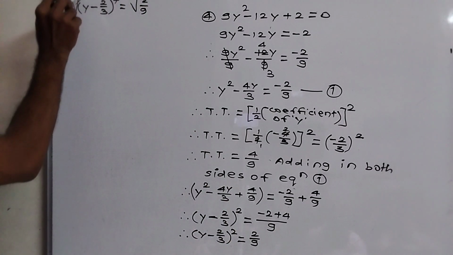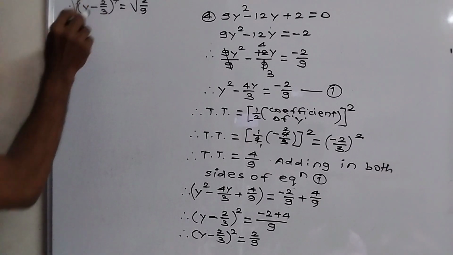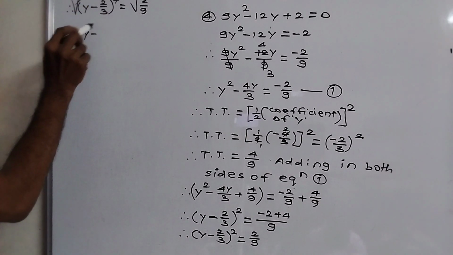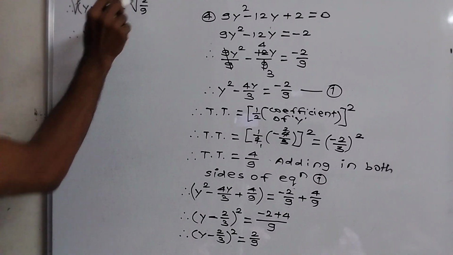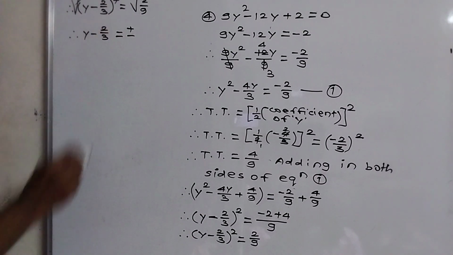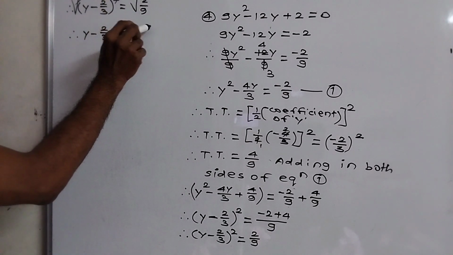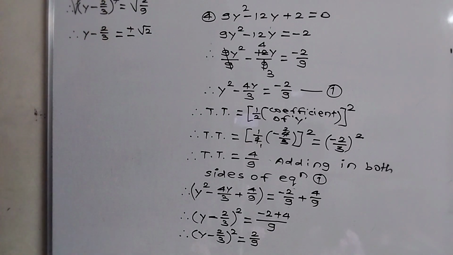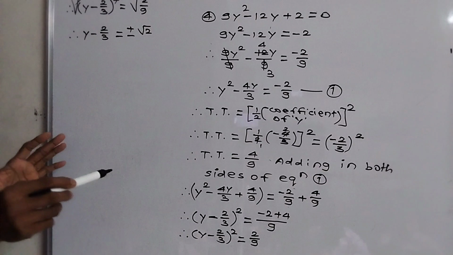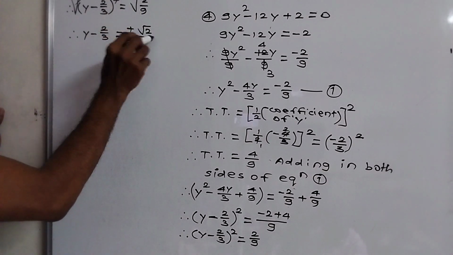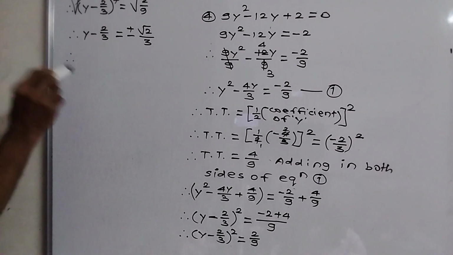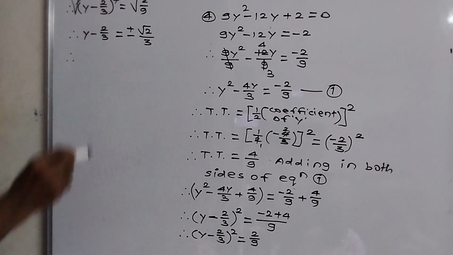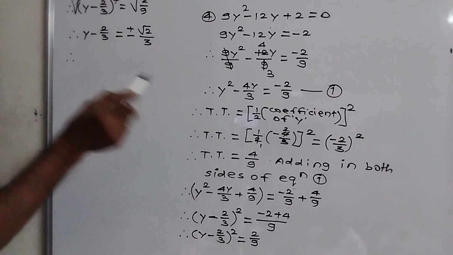Now after cancellation of square and square root, we get here y minus 2 upon 3 is equal to plus minus. We don't know the square root of 2, so we write it as it is, square root of 2. But we know the square root of 9. What is it? 3.